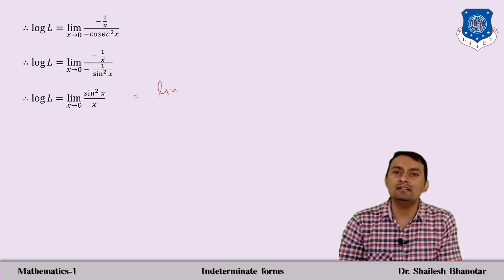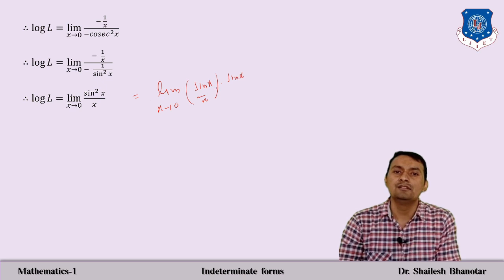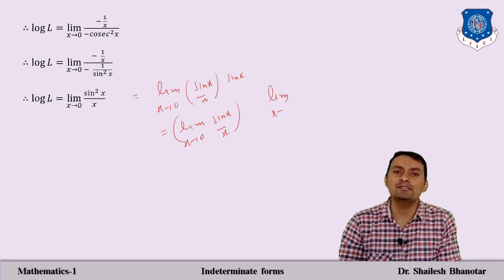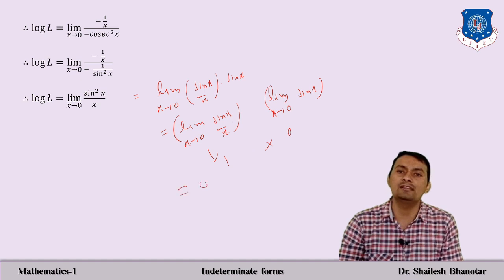So this can be written as limit x tends to 0 of sin x by x into sin x. So this is the limit x tends to 0 of sin x by x into the limit x tends to 0 of sin x. But this is the first standard form, that is 1, and this is sin 0, that is 0. 1 into 0, so the answer is 0.